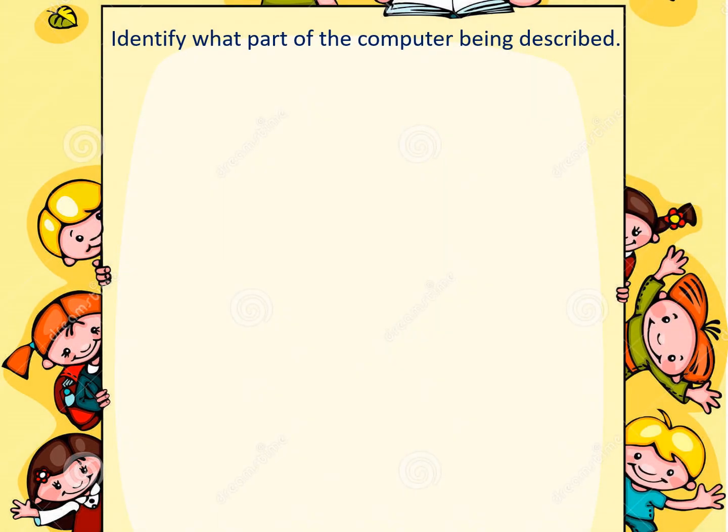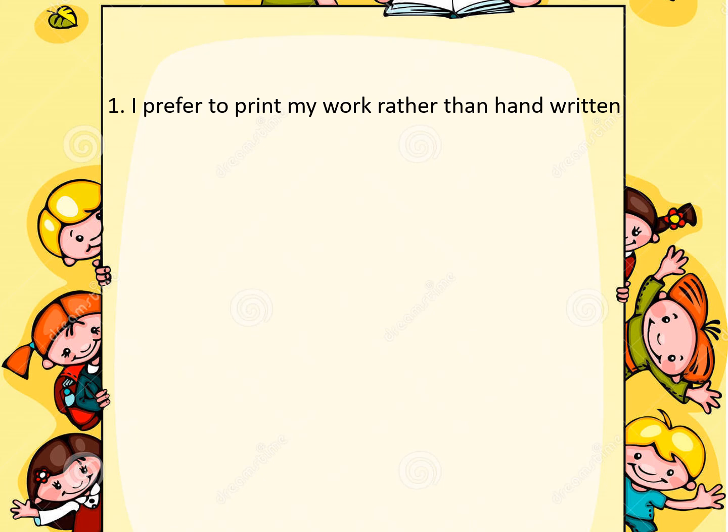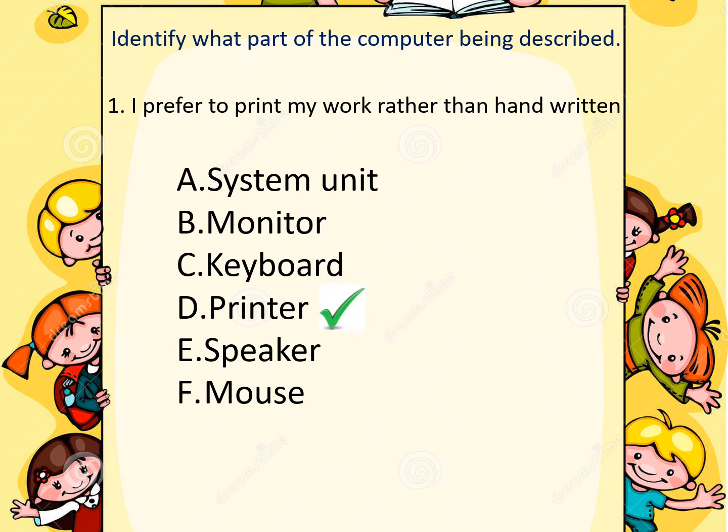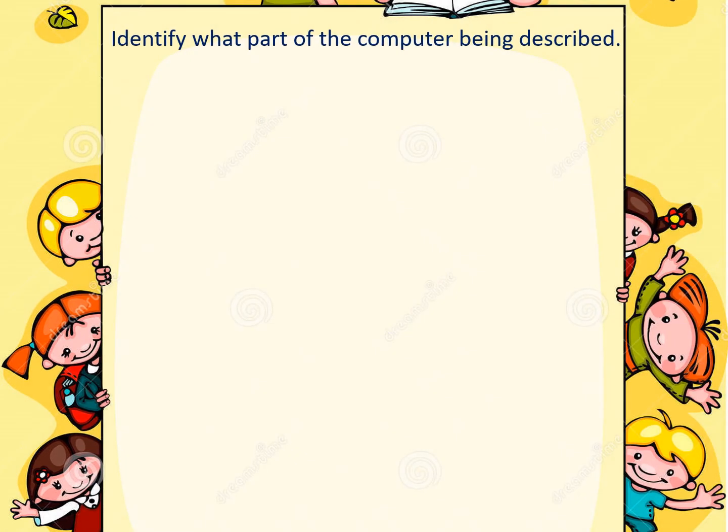And now let's identify what part of the computer is being described. First one, I prefer to print my work rather than handwritten. If your answer is printer, then you are right. Identify what part of the computer is being described again.